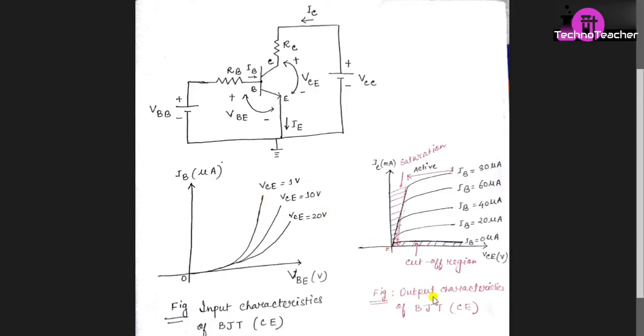But in the output characteristics, in the main sweep, we'll use this VCE value, and in the nested sweep, we'll use IB value, which is current value. So in the schematic diagram, we'll replace this voltage source by a current source in PSpice. Okay. Now let's draw the circuit and then do the simulation.